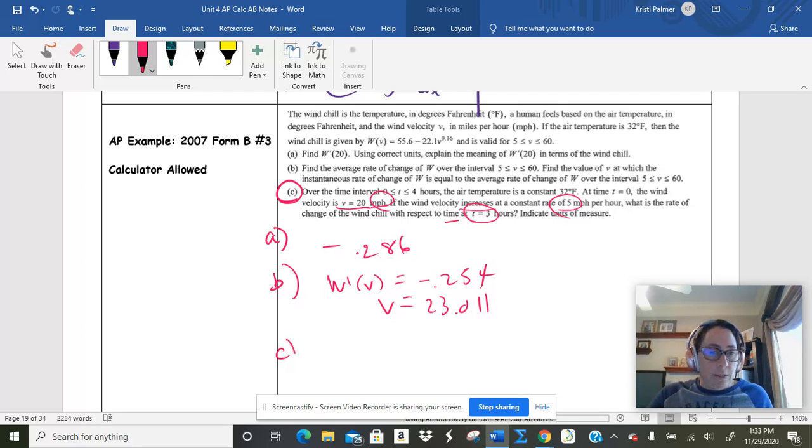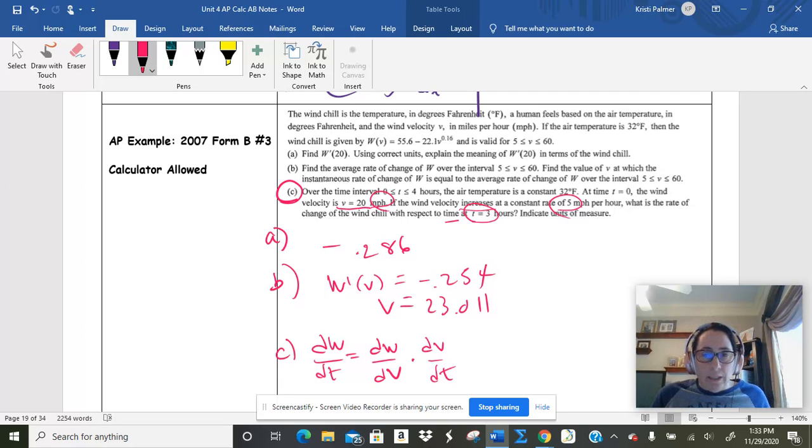Okay, so on part C, it's asking me for dw dt. But this one is in V's, not T's. So this is again where we're going to have to rewrite those differentials. So this would be dw dv, and then I'd have dv dt, because those would cancel to dw dt.